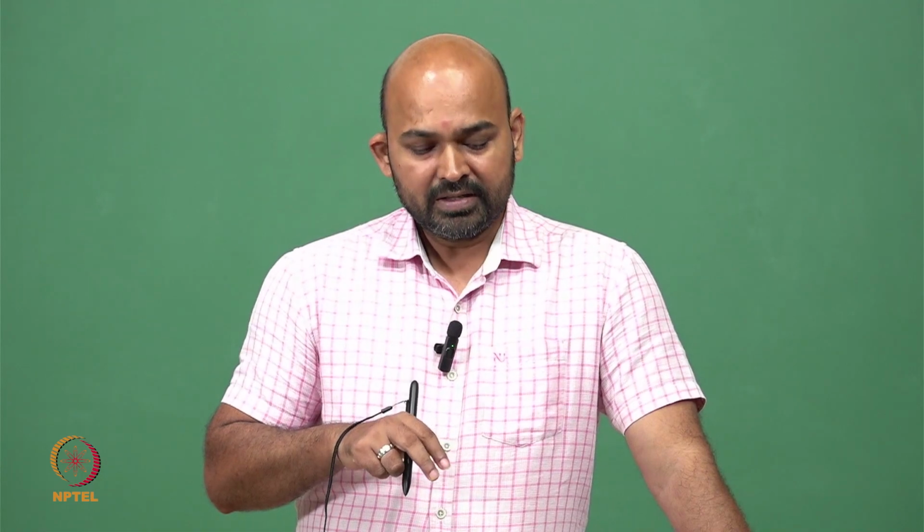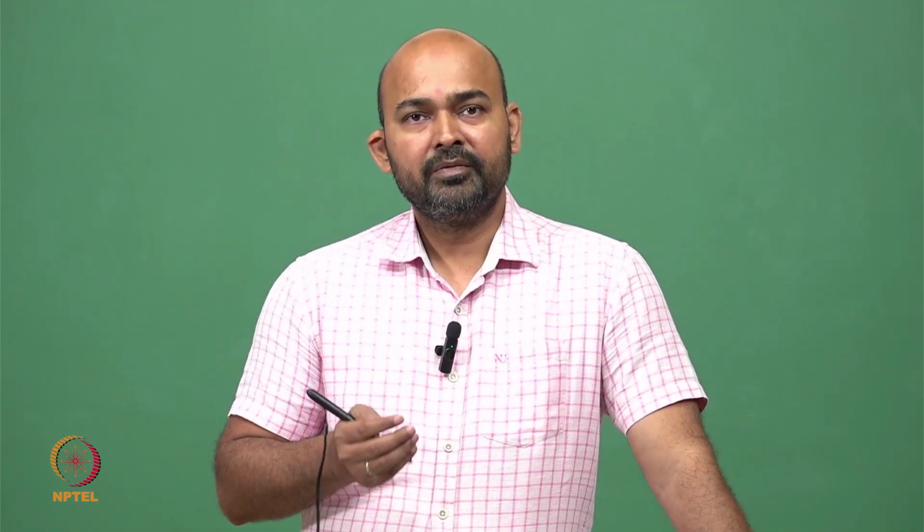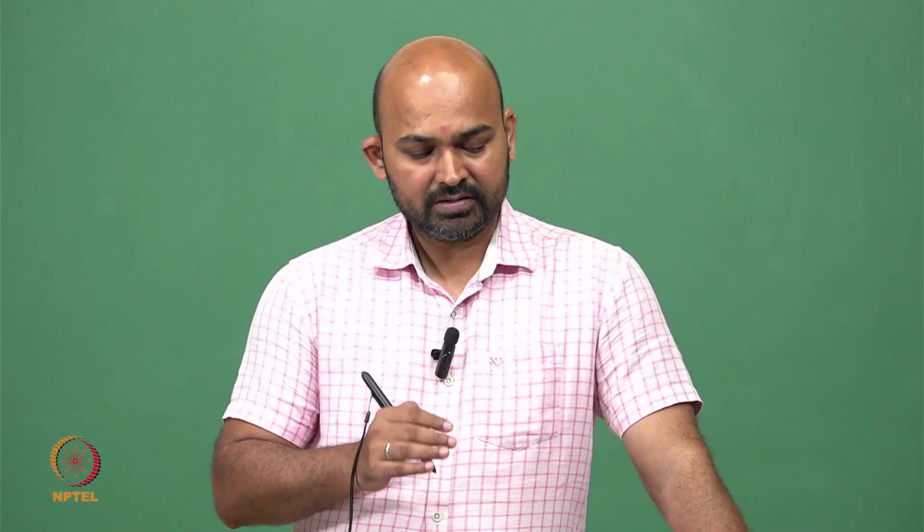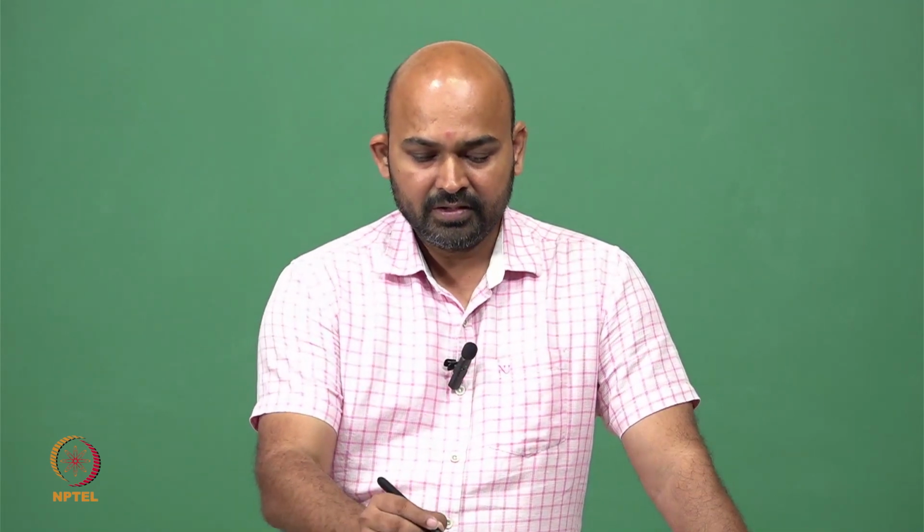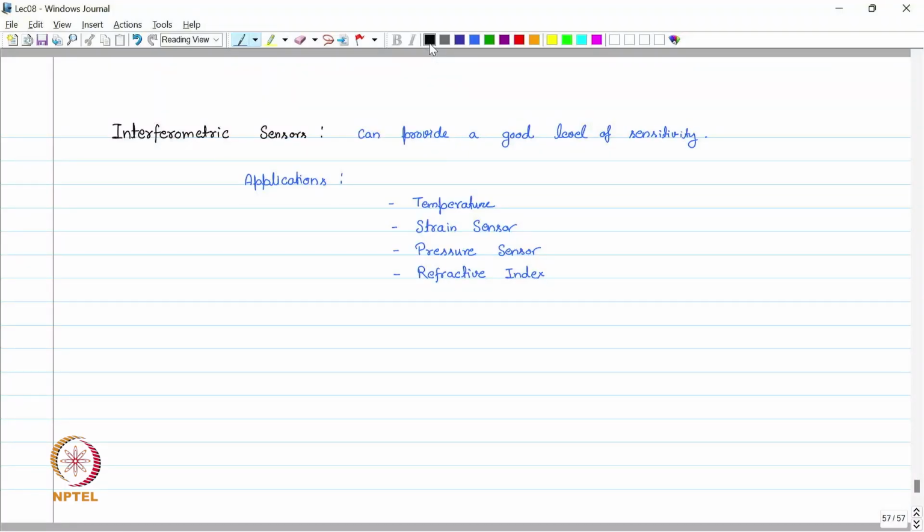These interferometric sensors, again, we have four kinds of sensors in these interferometric sensors, which are: the first one is Fabry-Perot sensor, which we can call FP sensor.